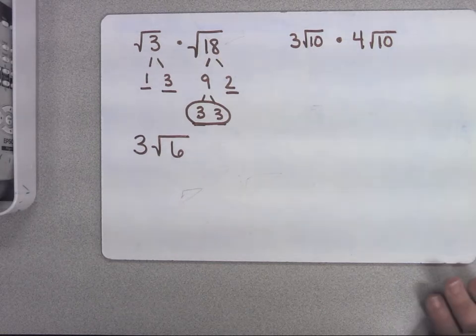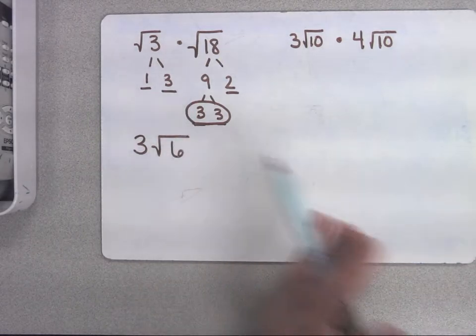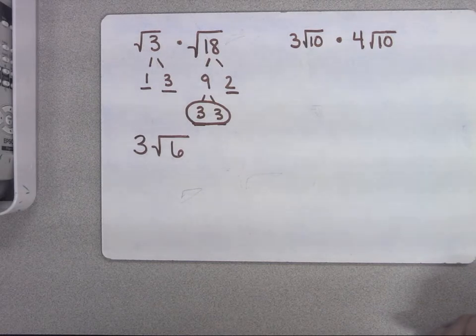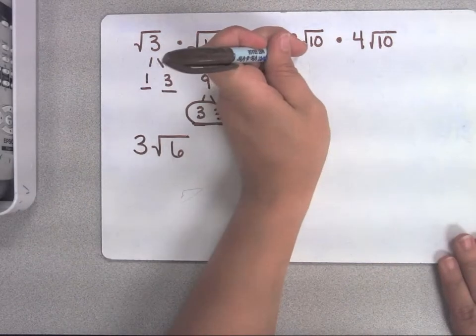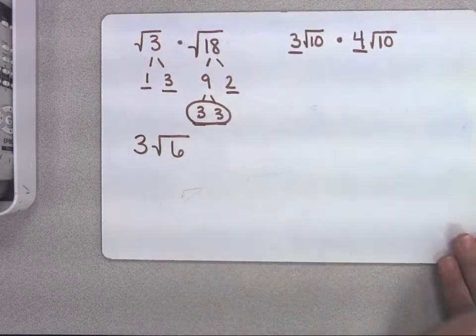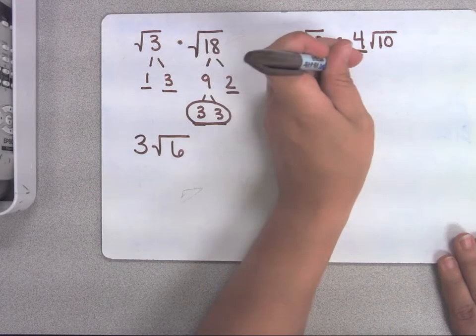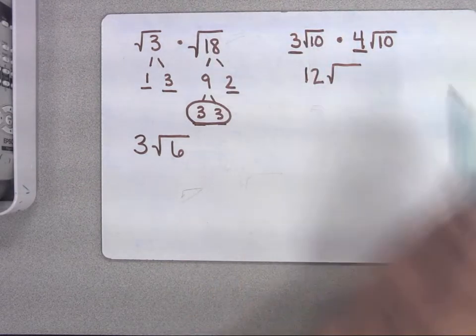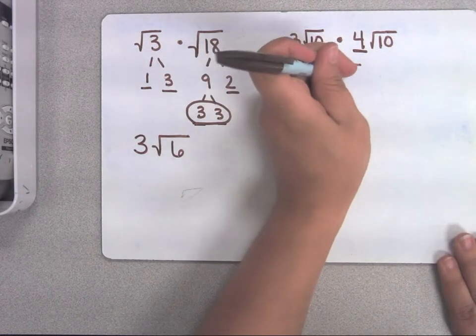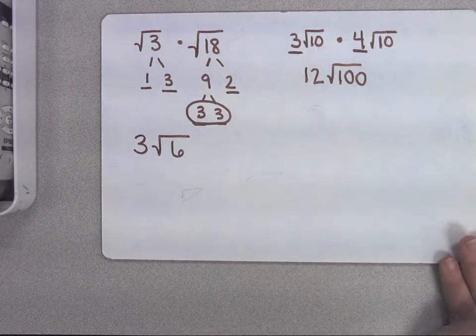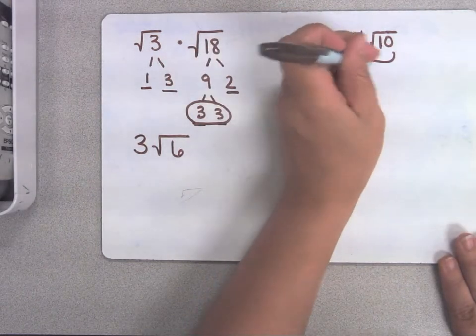There's technically 2 ways. So we want to break it down like this, or do we want to make it one big number? You want to make it one big number first? Okay, so what outside numbers times outside numbers? What is 3 times 4? Okay. Inside numbers times inside numbers. What is 10 times 10? So this turned into that.